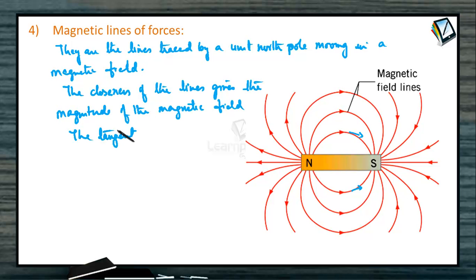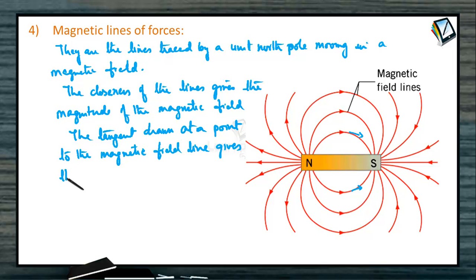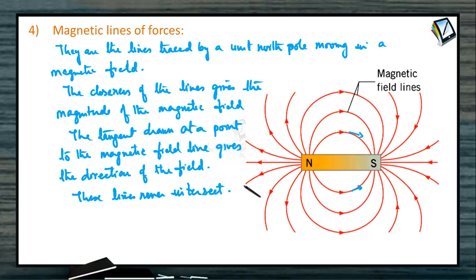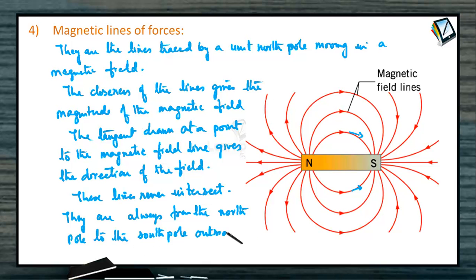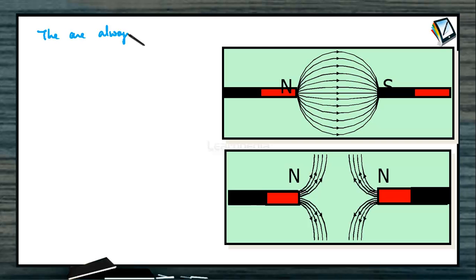The tangent drawn at a point to the magnetic field line gives the direction of the field. These lines never intersect because at the point of intersection there would be two directions for the field. They are always from the north pole to the south pole outside the magnet. They are always in the form of closed curves.